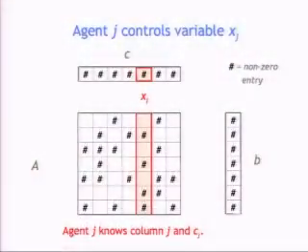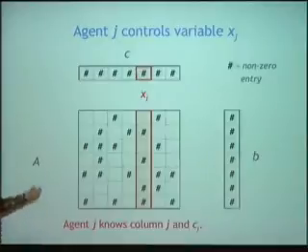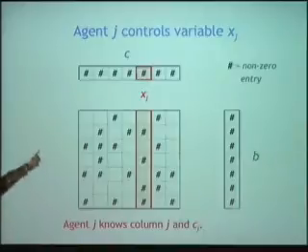In particular, we assume that there is an agent j associated with every variable xj, and that agent knows the column corresponding to that variable. He knows the column j in the constraint matrix, and he also knows its coefficient in the objective function cj.